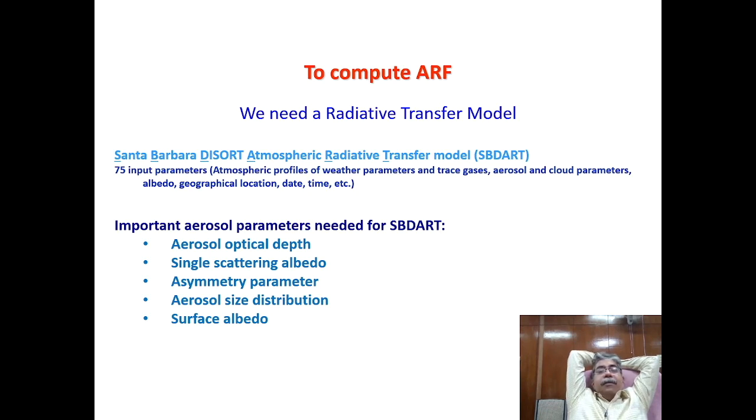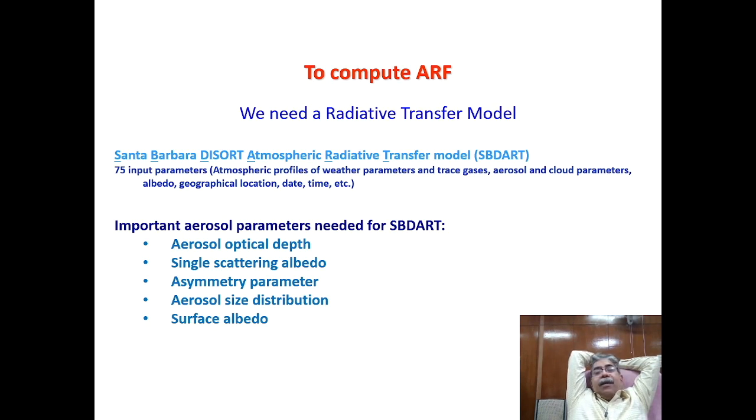This model has a very large number of input parameters, in fact almost 75, which vary from the atmospheric profiles of weather parameters, trace gases, aerosols, cloud parameters, surface albedo, then geographical location, time, date, etc. So many parameters are involved as input.